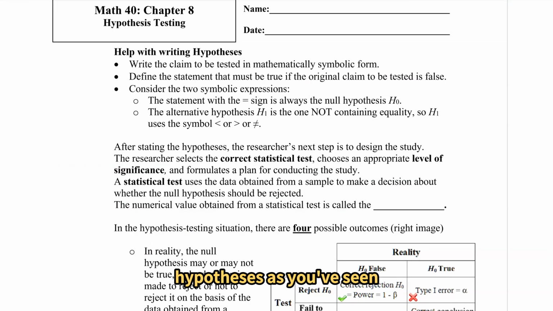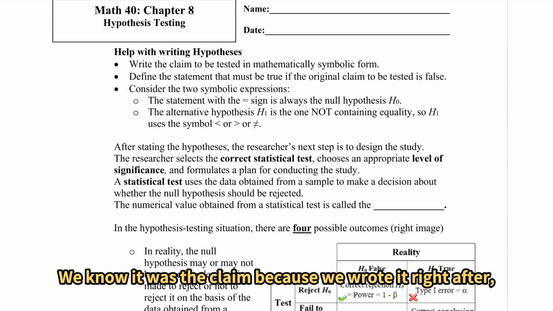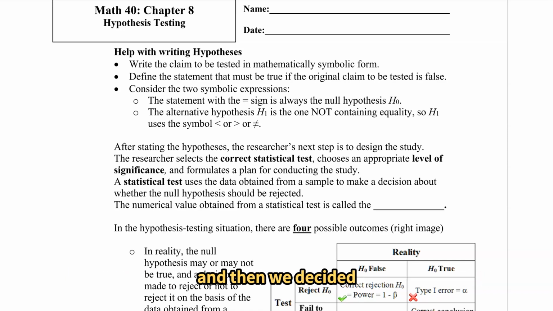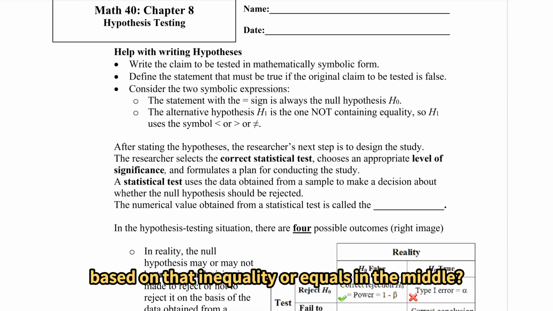In writing hypotheses, as you've seen, we're going to write the claim to be tested in mathematically symbolic form. We know it was the claim because we wrote it right after, and then we decided was it the null or the alternative based on that inequality or equals in the middle.